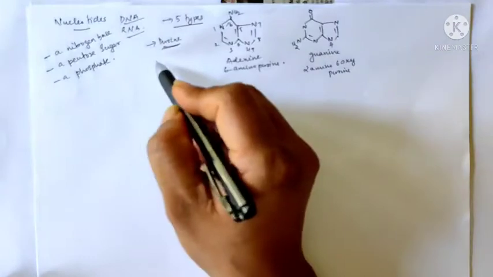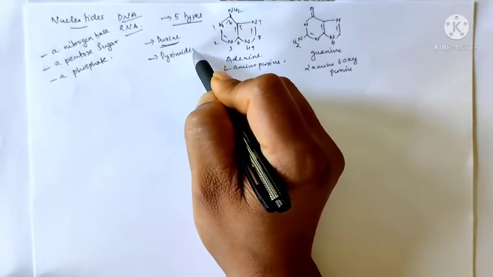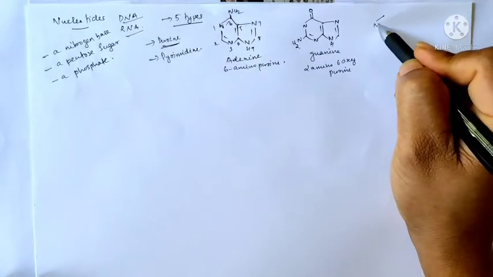Then there is pyrimidine nucleus, pyrimidine type nitrogen bases. We know the structure of pyrimidine.